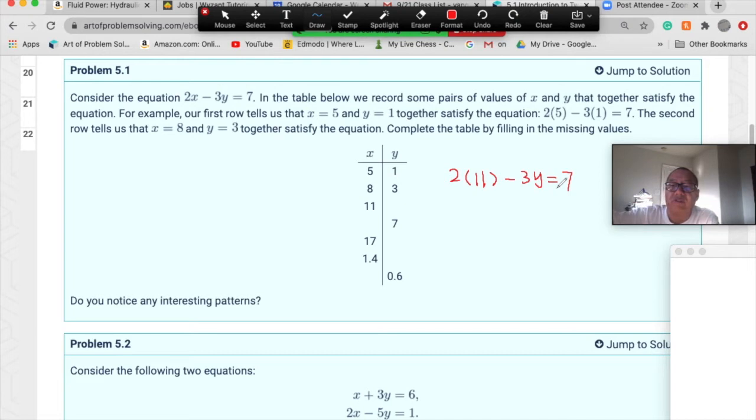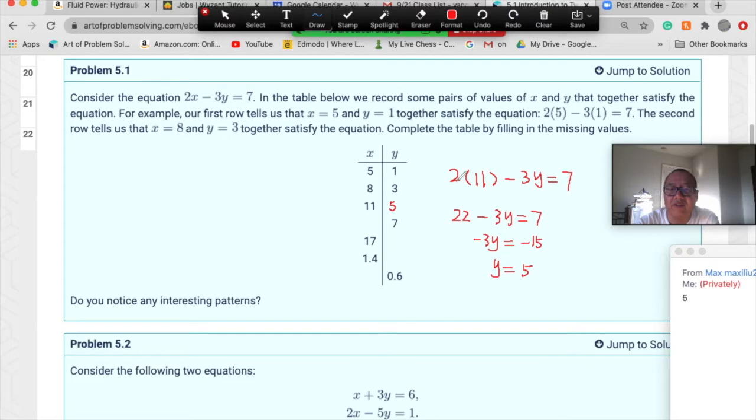We get 22 minus 3y equals 7. So both sides minus 22, you get negative 3y equals negative 15. Both sides divided by negative 3, you get y equals 5. So then you can put a 5 here.